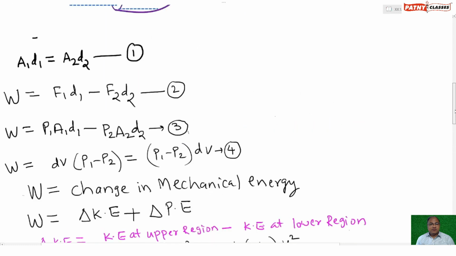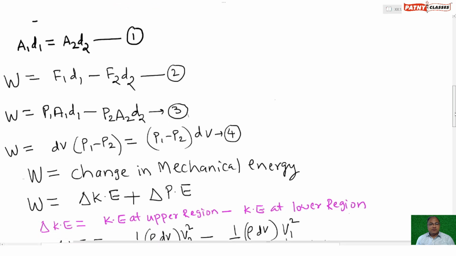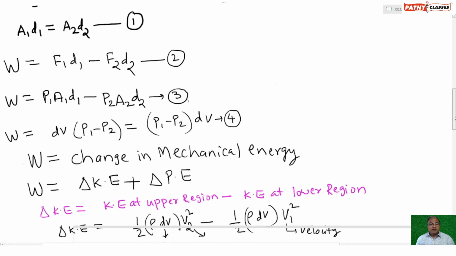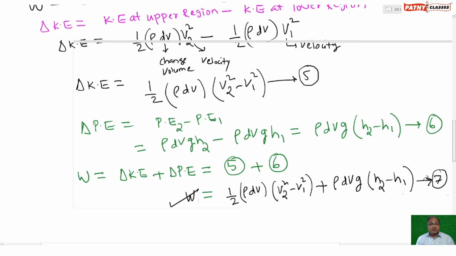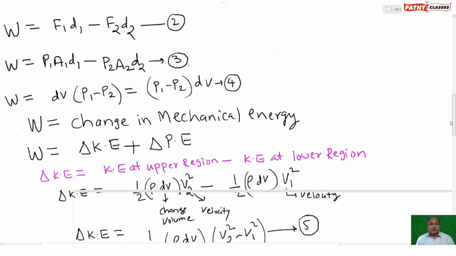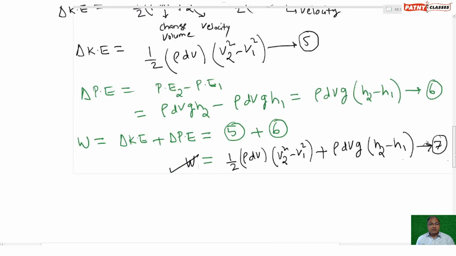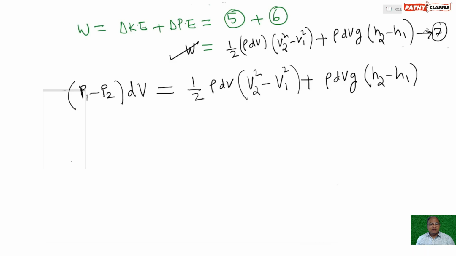We already have another expression for work done given by equation 4. Both are the same. Both equation 4 and 7 give us the same result. Therefore, comparing equation 4 and equation 7, we can take dV common in the RHS part. So half, even rho can be taken common.